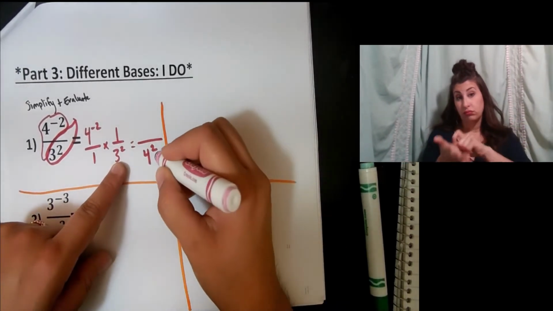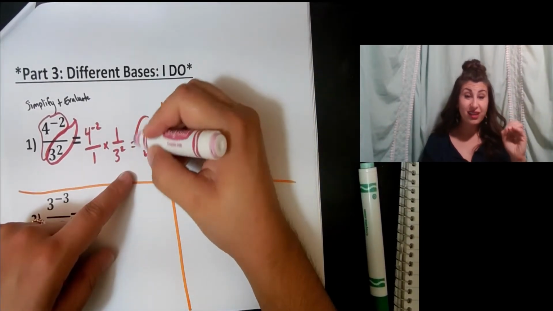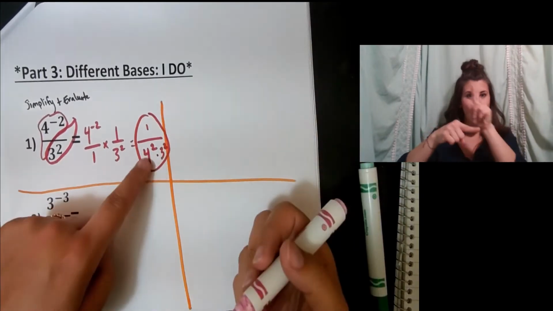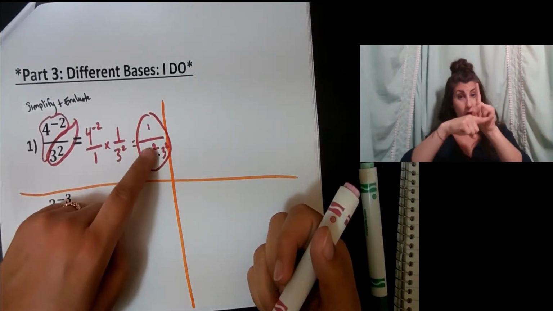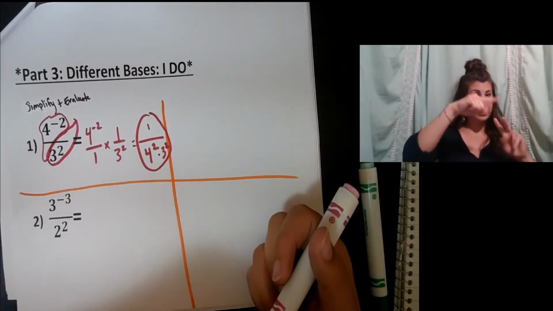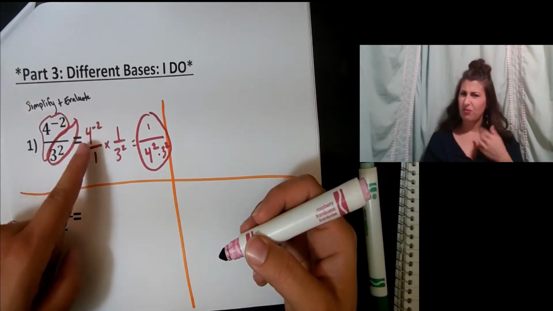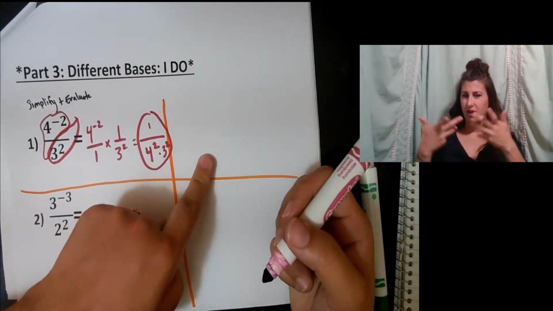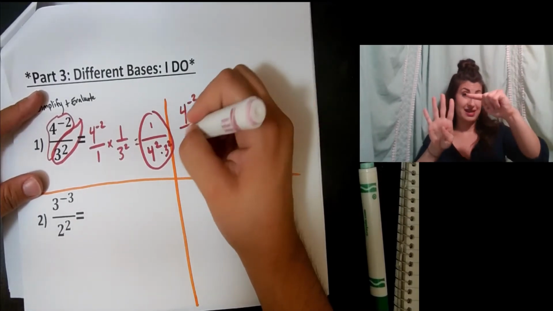So I'm just going to write times 3 squared. And if there's nothing on top, it's a 1. So right now, this is my simplified answer. Okay, 1 over 4 squared times 3 squared. Okay, I just simplified. Well, I'm going to wait to evaluate until after I show you the second way of doing this.